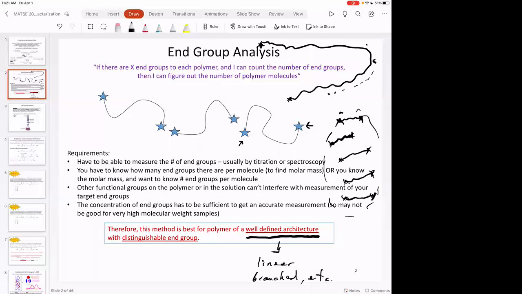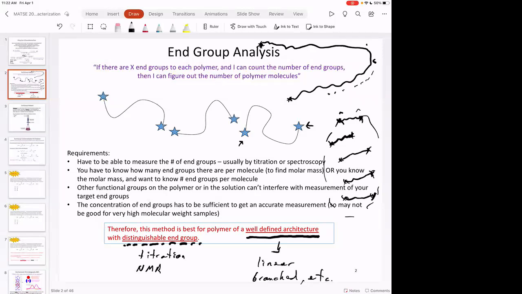And you need a distinguishable end group. This is usually done through titration or NMR. If you review your organic chemistry book, you know that you get different signals in proton NMR for different types of protons, right? I know you covered that.